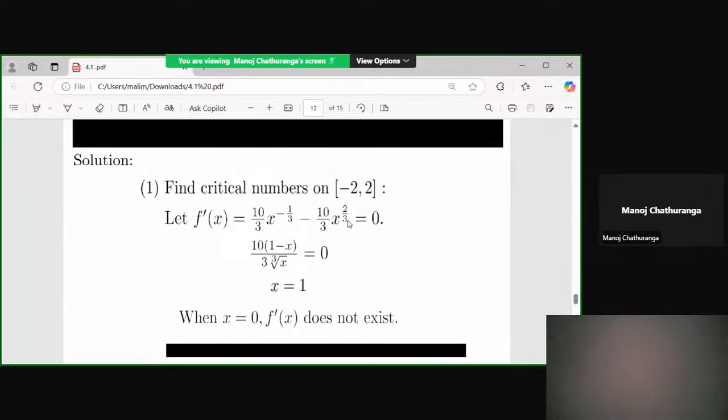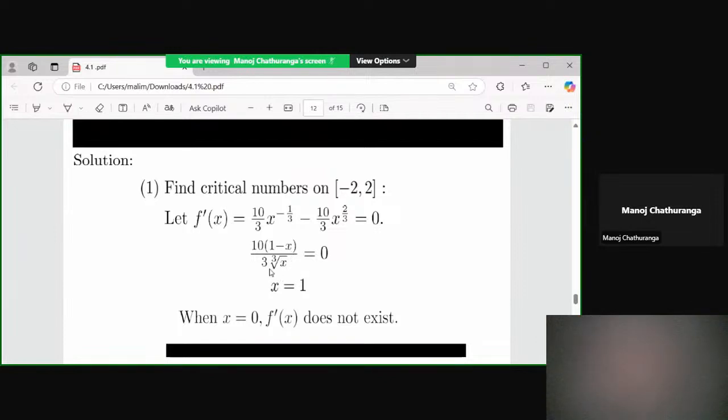If this is the derivative, I can simplify it to get this equation. That equation has two features. At 1, the derivative is 0, but we have a problem at 0 because 0 is making a 0 denominator.